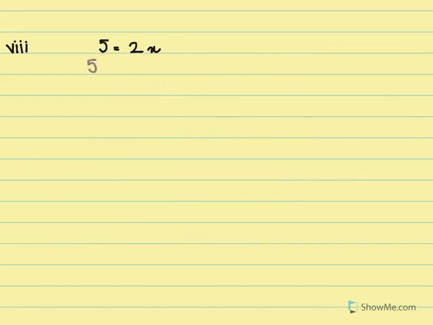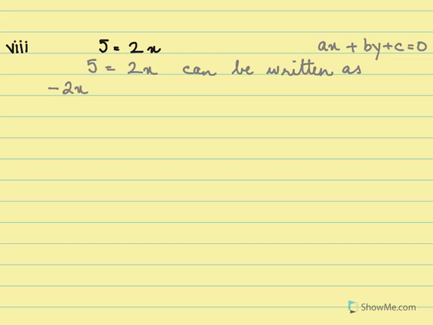5 equal to 2x. Now 5 equal to 2x can be written as, remember we have to write it x term first, y term, constant term, 0. So I take everything on one side, it becomes minus 2x, there is no y term, so 0y, plus 5 equal to 0.